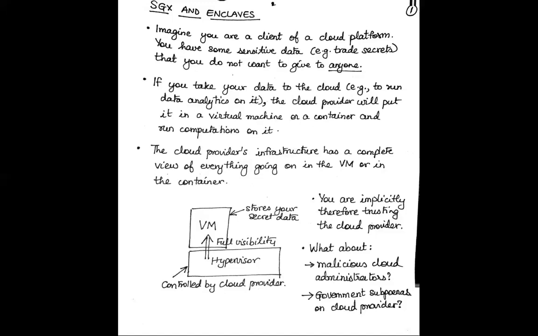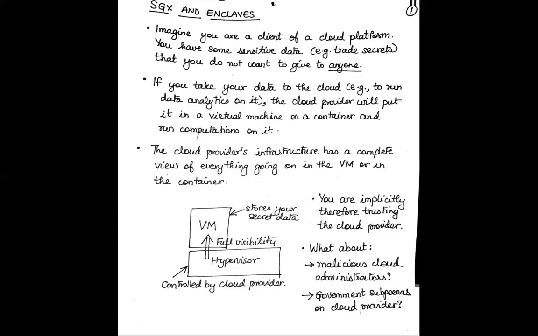Insurance companies, trading companies like Goldman Sachs and all of these companies that store a lot of sensitive client data, trade secrets. These are companies that just don't want to take their computations and take them to a public cloud like Amazon or Microsoft or Google Cloud.